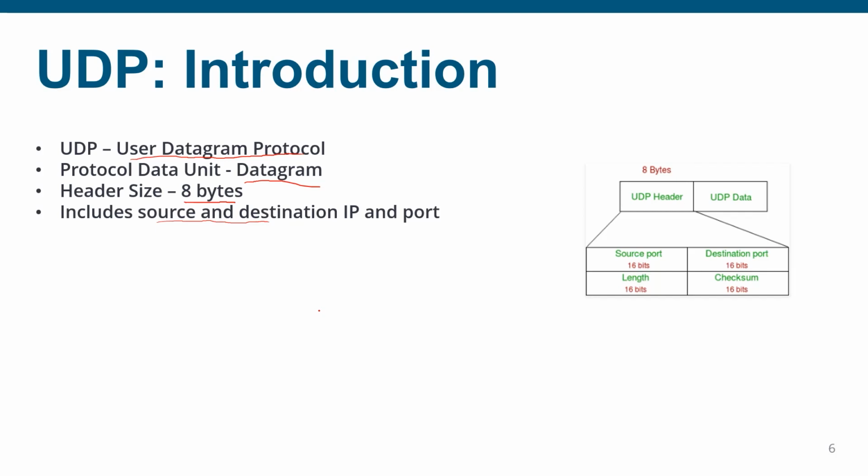So UDP is typically used when we need a small header size with lower overhead, and we don't really care if the transmission was actually received. Something where this would be really useful is in real-time protocols, RTP, our voice transmission. We don't really care if it was received or not because there's no point in trying to retransmit.